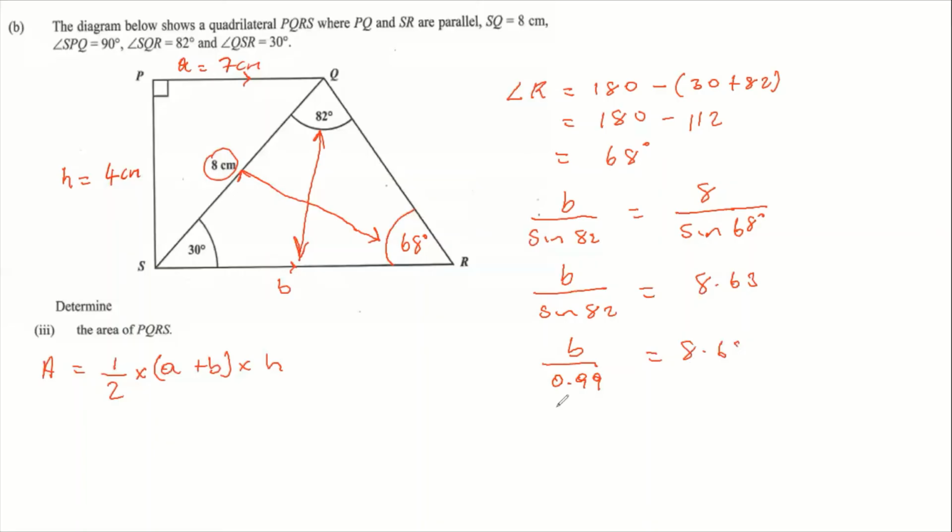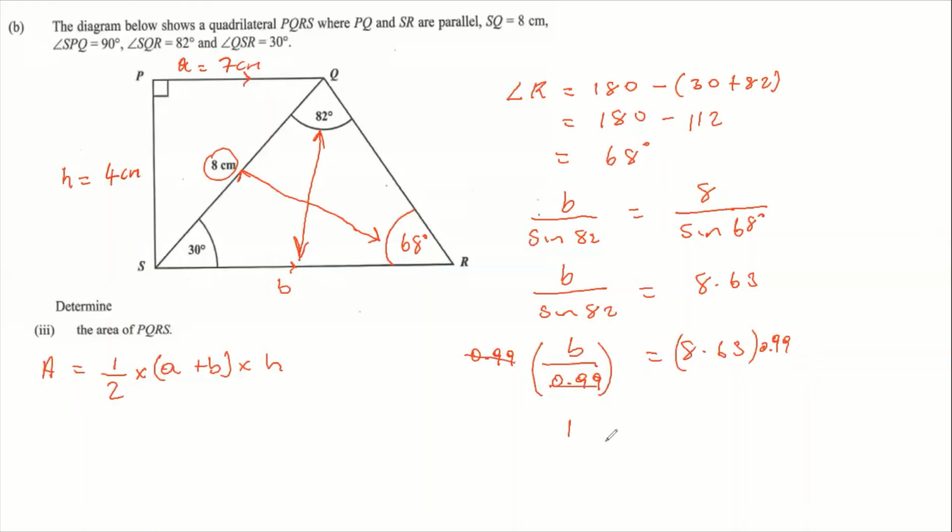is equal to 8.63. Then to find B, it's just a matter of multiplying both sides by the denominator, which is 0.99. By doing that, you see that the 0.99 cancels out.